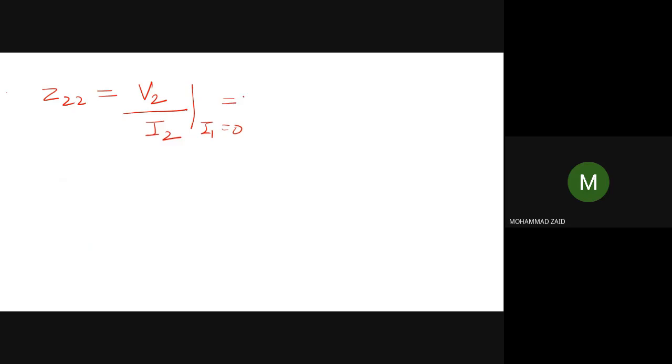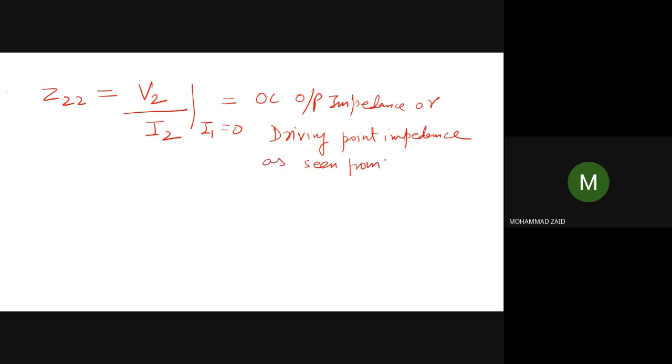This is known as open circuit output impedance, or driving point impedance as seen from port 2.